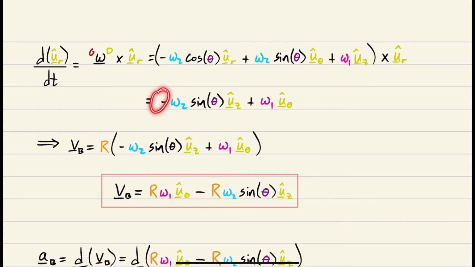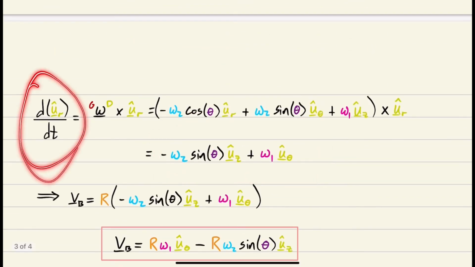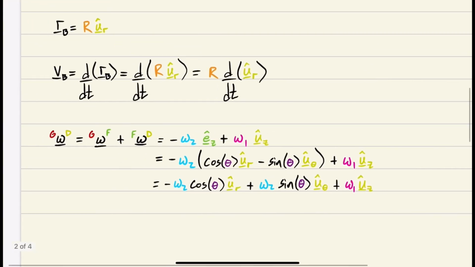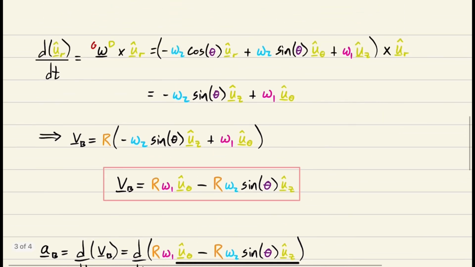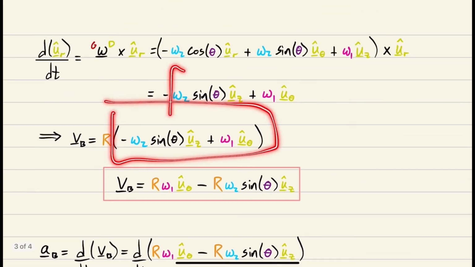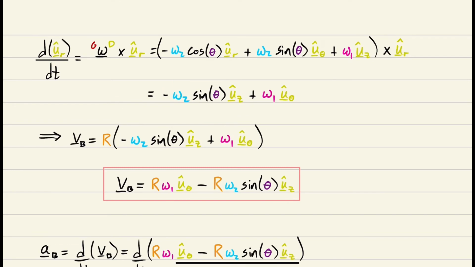So we pick up a negative UZ. UZ crossed with UR is U theta. And then we can just plug this dUR/dt right in for our velocity right here, and then boom, we have the velocity, right? All I did was plug this in to here. So this is the velocity of point B.